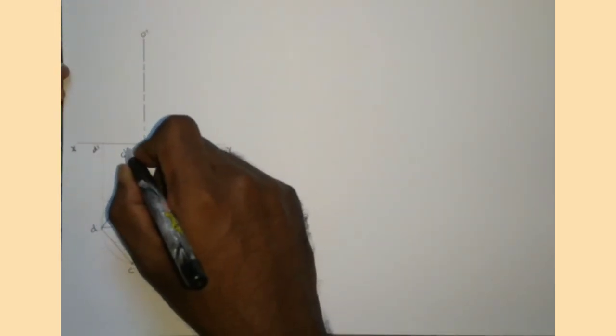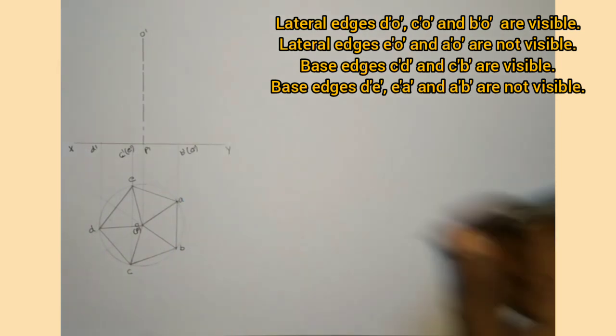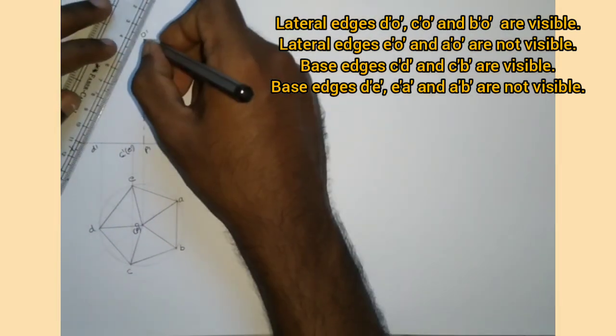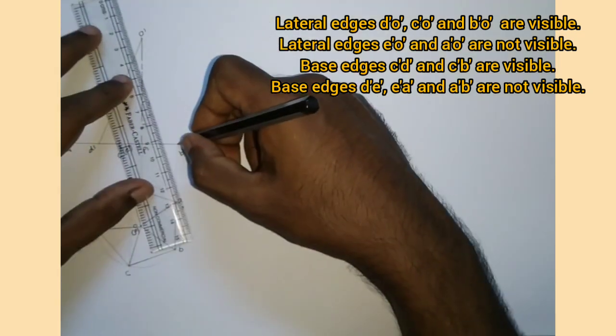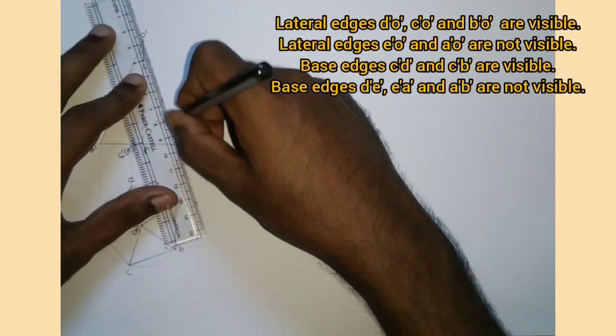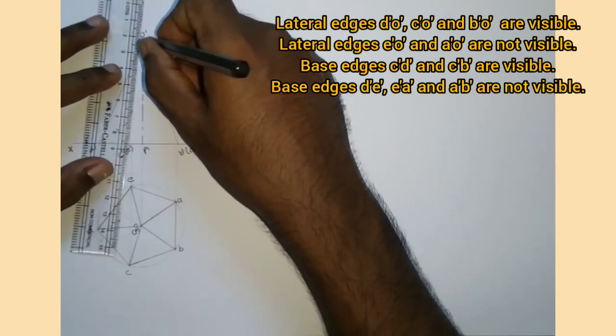And in the view, we can see the lateral edges D dash O dash, C dash O dash, and B dash O dash. But we cannot see the lateral edges E dash O dash and A dash O dash.